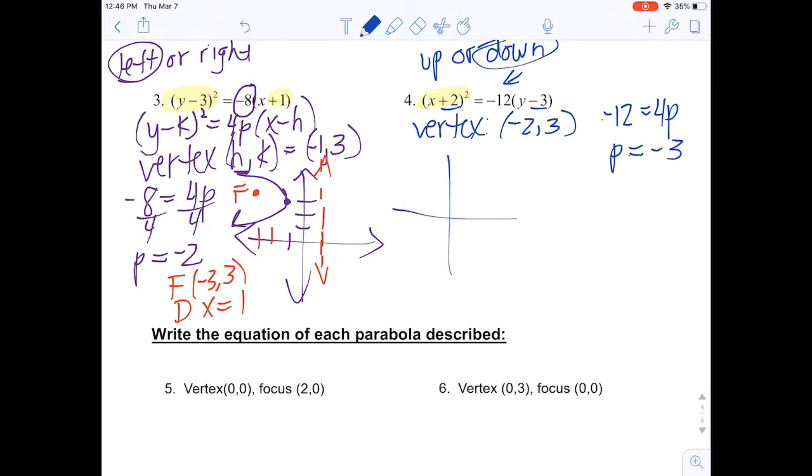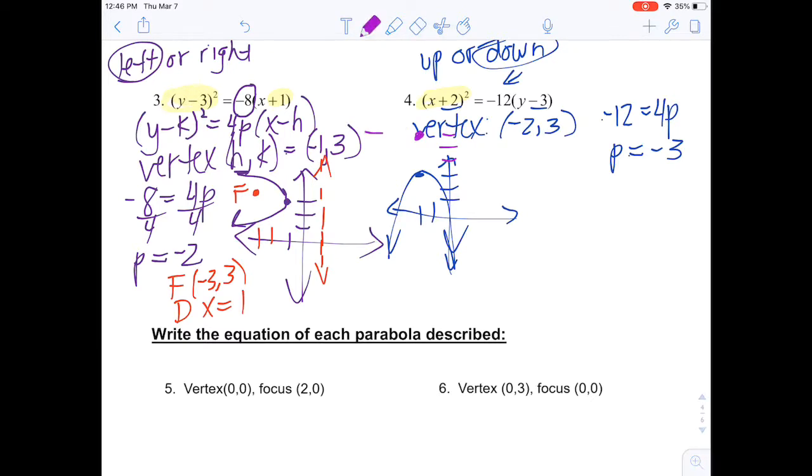Make a little sketch. (-2, 3) is right there for your vertex. Face it going downwards. I'm going to go up 1, 2, 3. Right there for my, nope, that's going to be my directrix, not my focus.